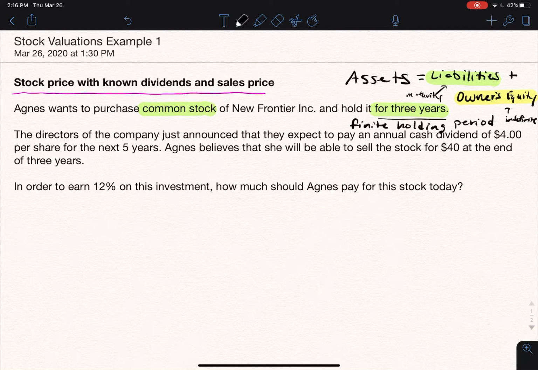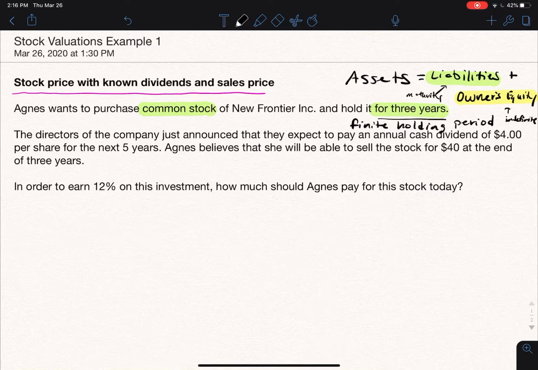And so this is where the huge difference between bonds and stocks comes into play. Bonds are more similar to annuities, and stocks are more similar to perpetuities. But there's information that might be told to us in a problem that allows us to value stock as an annuity. It just depends on what's going on.